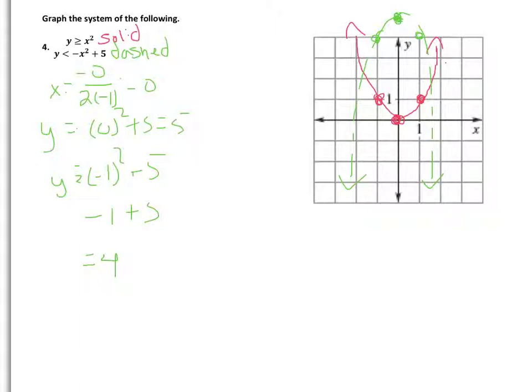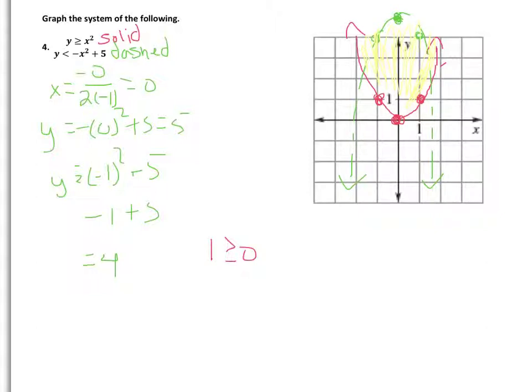Okay. Now you've got to test each one. So the (0, 0) is not good, not able to test for this one. So I'm going to put in the point x is 0, y is 1. So (0, 1). If I plug that in, I would get 1 greater than or equal to 0. Is that true? Yes. So for that one, I would be shading inside.